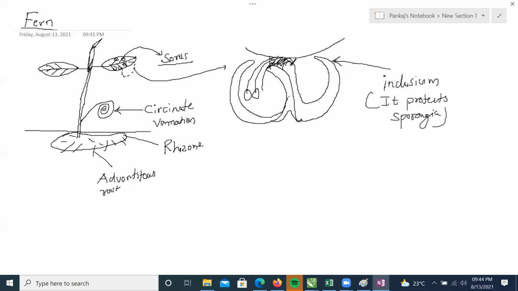So that is the sporangia, right? So this entire structure is the sorus. Within the sorus, these are the sporangia. Okay. So quickly draw this diagram, then we will write down the entire points.